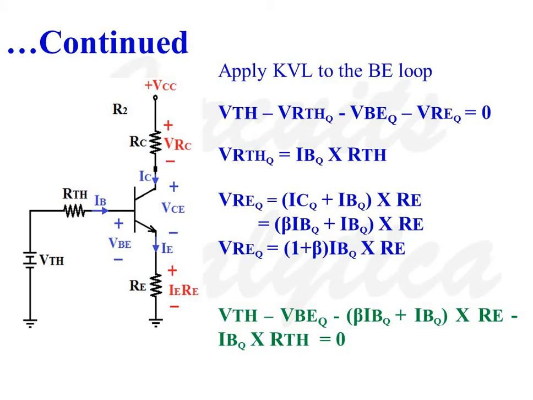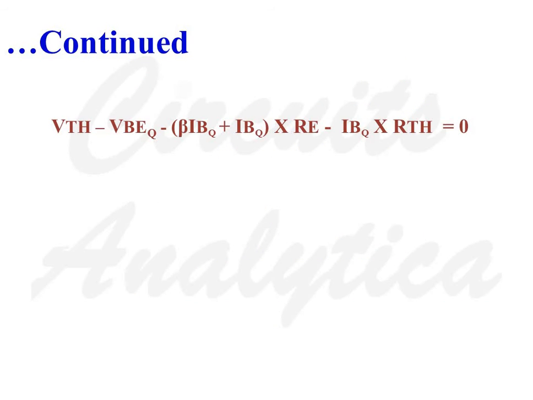VTH minus VBEQ minus beta IBQ plus IBQ into RE minus IBQ into RTH is equal to 0. VTH minus VBEQ minus beta plus 1 into RE plus RTH, into IBQ is equal to 0.